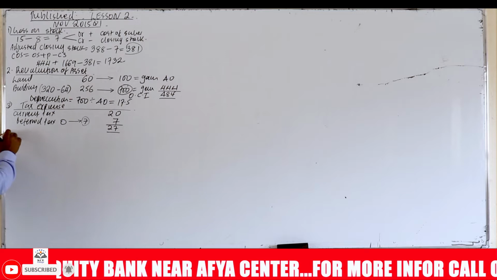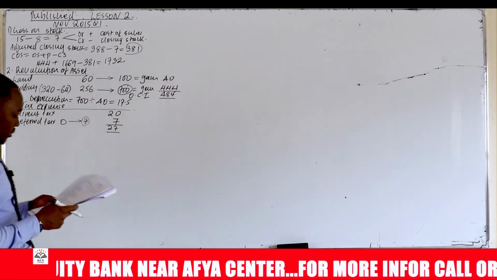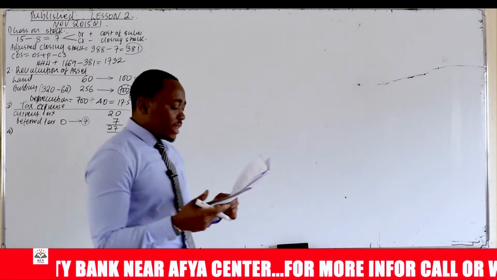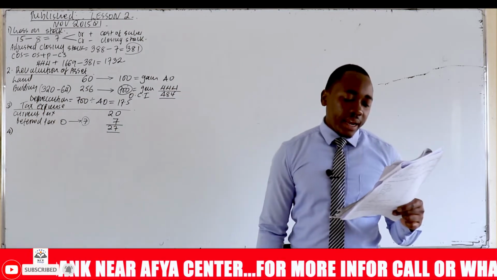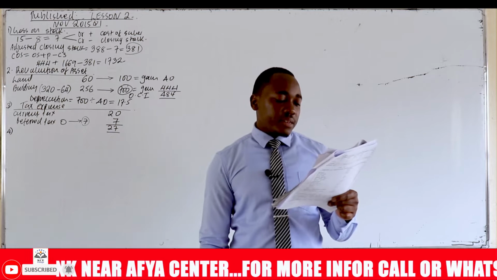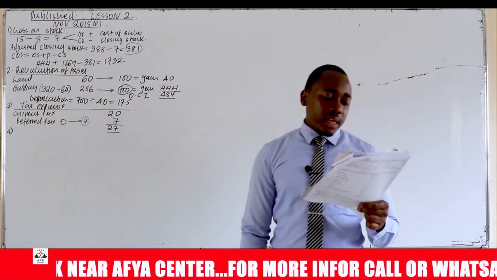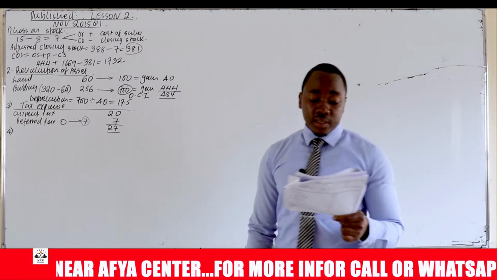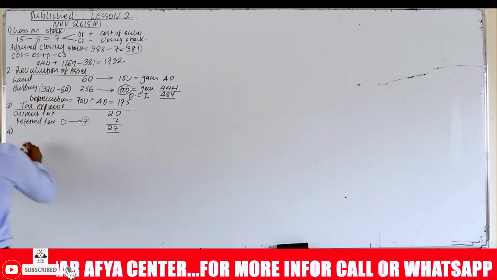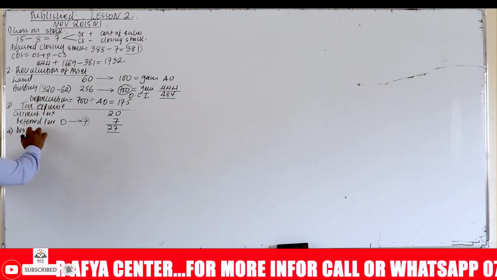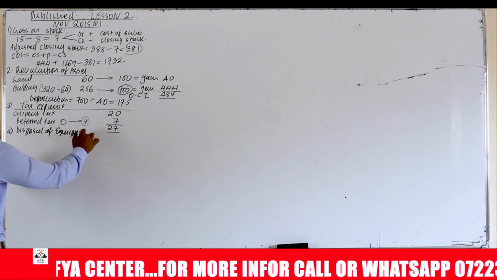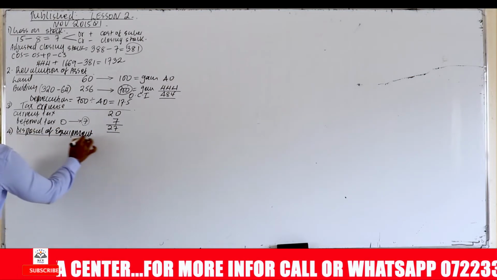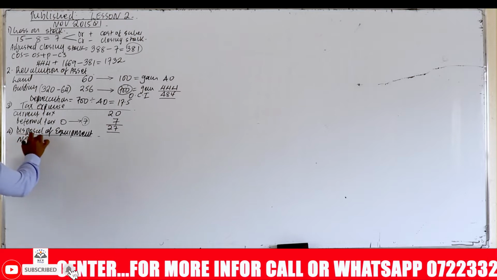Number 4. During the year, the company sold some equipment which had cost 15 million and accumulated depreciation as at 1st January 2014 was 3 million. So up to that point, there was disposal of equipment. How much was the net book value at the date of disposal?